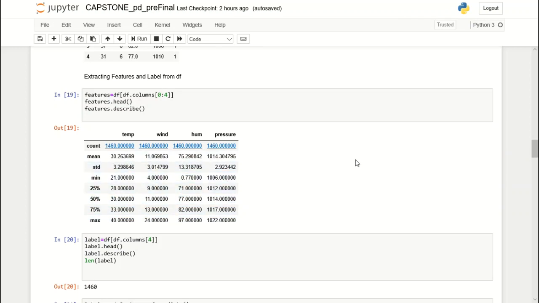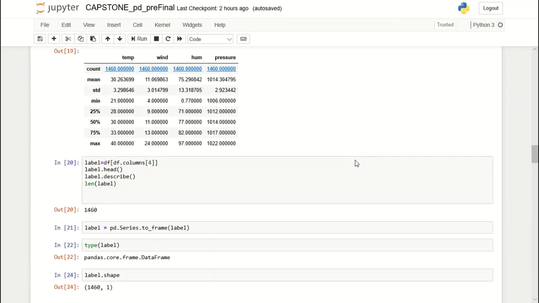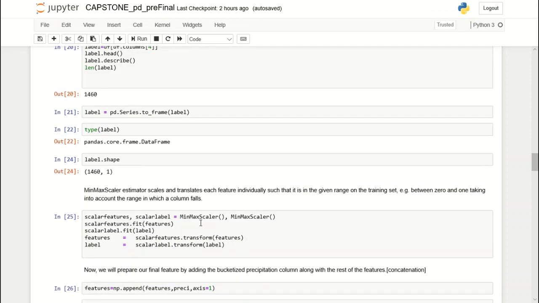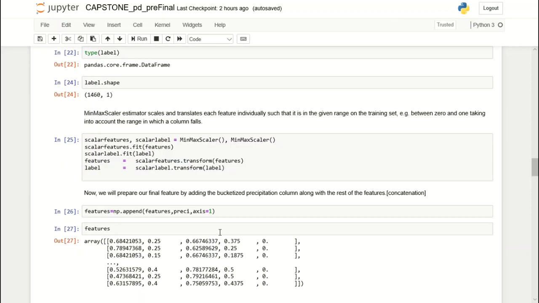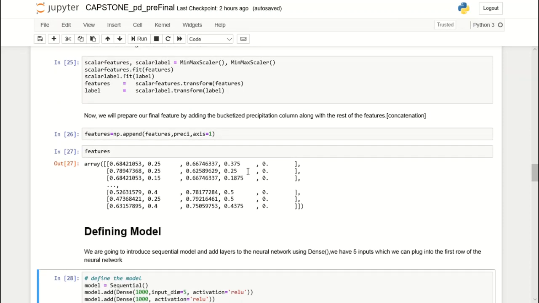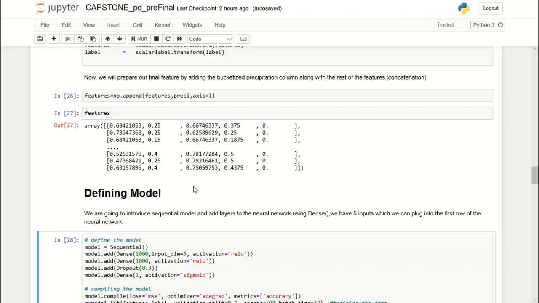So the scales are all arbitrary, so we'll plug them into a scaler. I have used MinMaxScaler over here. We'll plug our label and our features into this, and then we'll concatenate our bucketized precipitation with the rest of the features. This is what our final feature set looks like, so we'll plug this into our model.